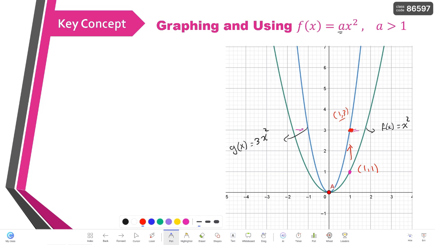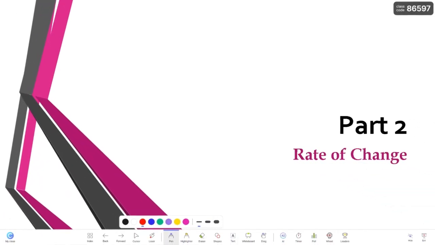To sum up, if the leading coefficient is a number higher than 1, the graph compared to the original one would be narrower. If your leading coefficient, or the value of a, is a fraction, your graph would be wider.